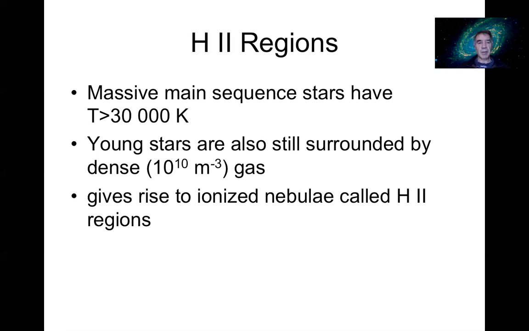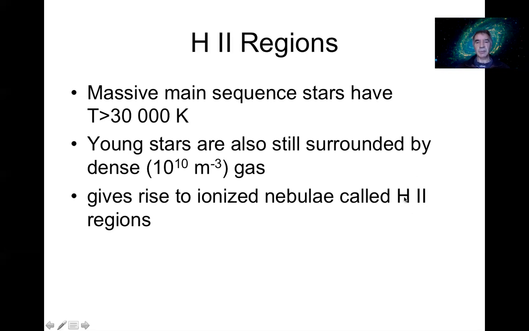These conditions will give rise to an ionized nebula. Nebula here means a region of extended, diffuse light in the sky, and these are referred to as H2 regions. We've met this terminology before, when we were looking at spectroscopy. This is spectroscopic notation again.